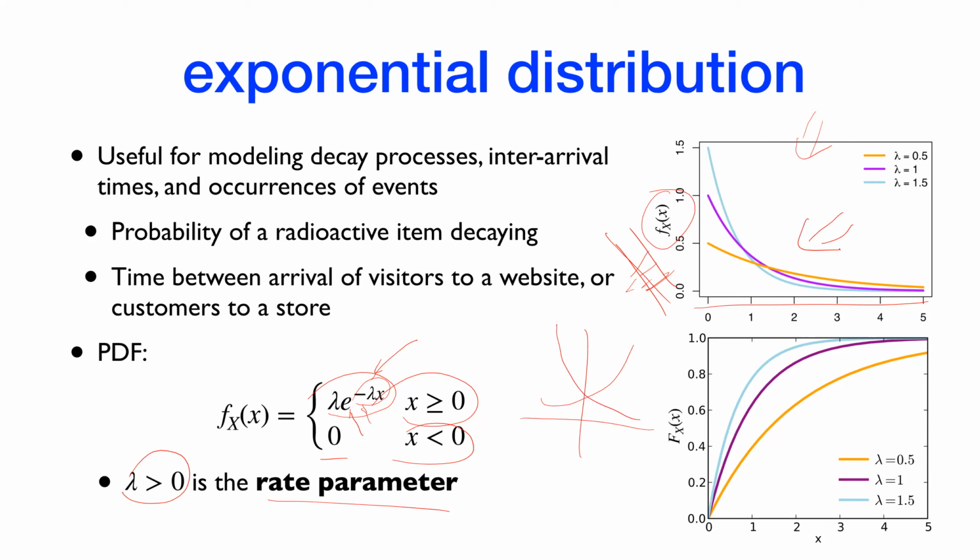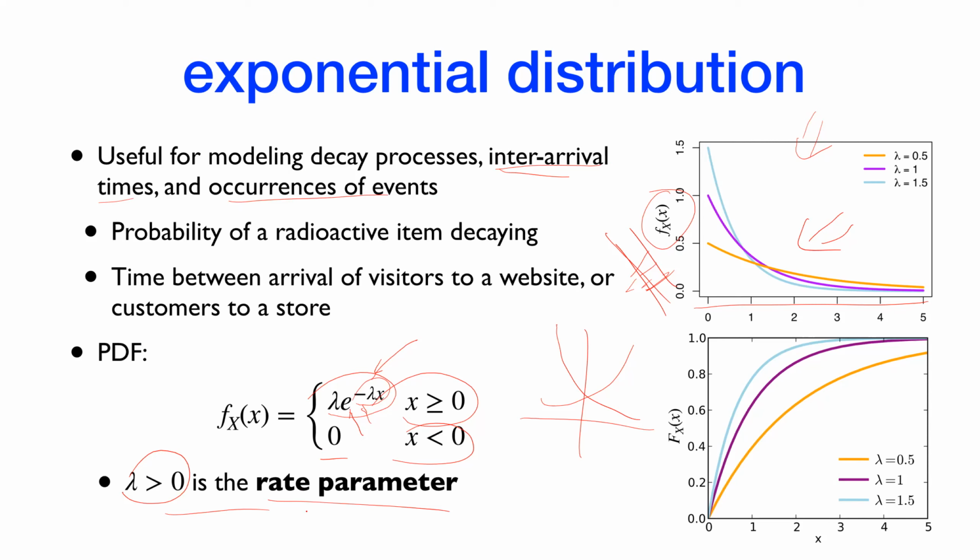The reason this is very important, of course, is probably out of scope of this class, but we often use this to model, let's say, the inter-arrival time, the occurrence of events. The reason is that this has the memoryless property. Basically, when your next customer visits my shop is independent of when the last customer arrived.